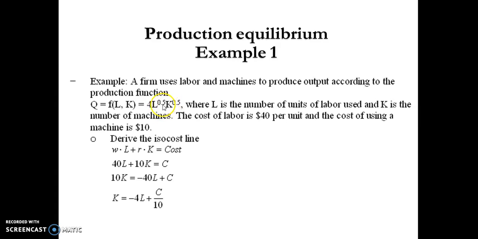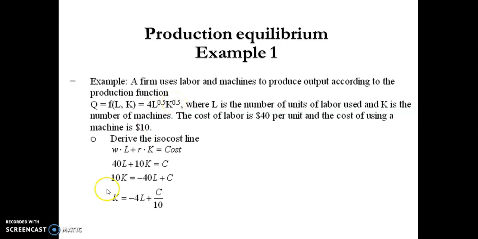So let's quickly do your marginal product of labor. I'm going to get my partial derivative here with respect to L. I know that I need to bring my power down, so it will be 0.5 times 4 times L raised to the power of 0.5 minus 1. 0.5 minus 1 is going to be minus a half, but you still have K to the power of a half because it's multiplicative, so that needs to stay there.